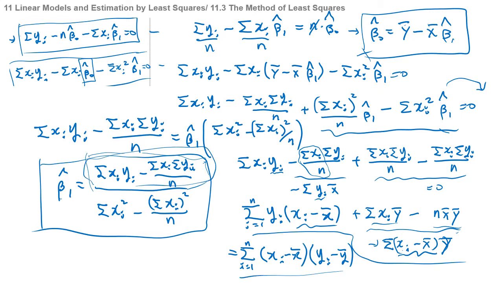So the beta 1 hat, the upper part we can express as sum of xi minus x bar times yi minus y bar.